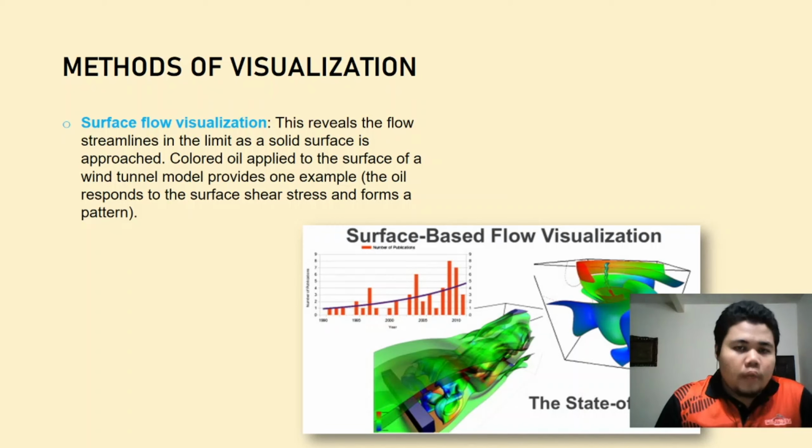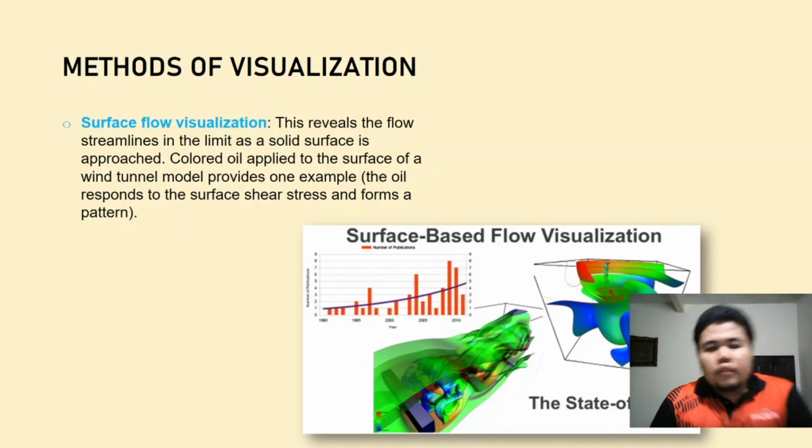Colored oil applied to the surface of a wind tunnel model provides one example, where the oil responds to the surface shear stress and forms a pattern. It means the method used is based on oil, so when it responds to the surface, it will form a pattern of the flow visualization.